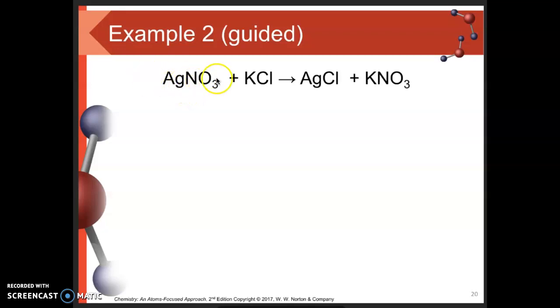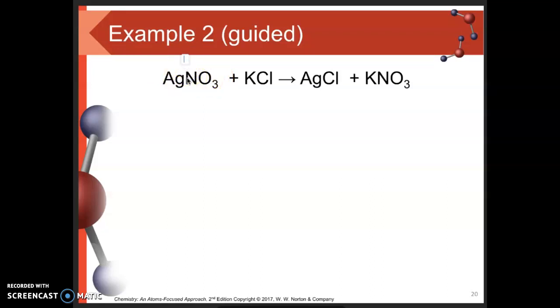And from that standpoint, I can see that none of these are acids. None of them have hydrogen as the cation. None of these are bases. None of them have hydroxide as the anion. So all of these are salts. Now we have to use our solubility rules to figure out what kinds of salts they are. Recognizing that I've got nitrate here, nitrate is always soluble.